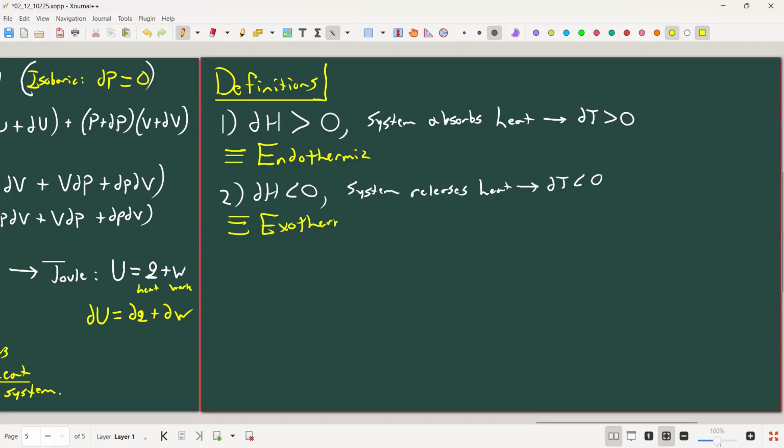So anytime you hear those words, just remember that this means something about the heat. Endothermic. All right, there's not really a term for things where dH equals 0. Well, that's not true. There is one. I take that back.